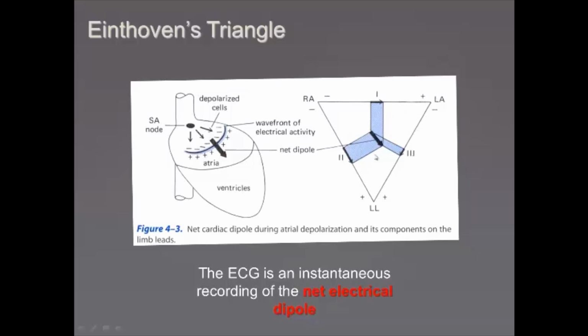This lead 2 is represented right over here, and we can see that we have this net electrical charge that's heading strongly in the same direction of lead 2. That means that we have a net electrical negative heading towards the positive end of lead 2. So that's important to recognize. We'll look at this direction change in the vectors, but for right now, just consider this.